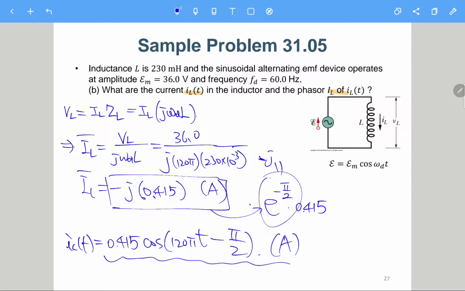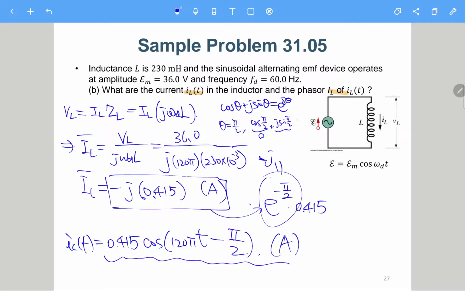If you still remember Euler's equation, cosine theta plus j sine theta equals exponential to j theta. So if theta is pi over 2, then we have cosine pi over 2, which is 0, plus j sine pi over 2.